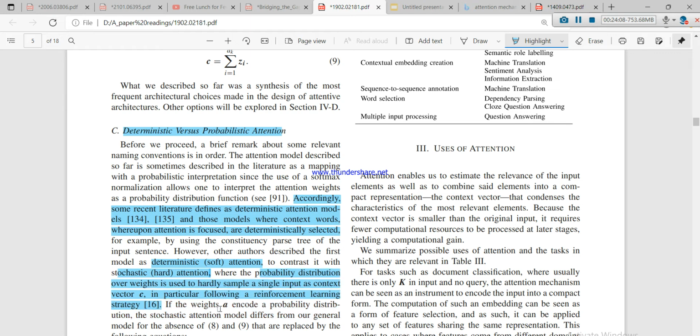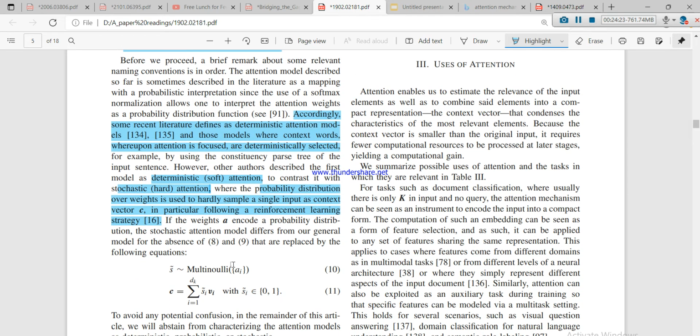So if the weight A encodes a probability distribution, the stochastic attention model differs from the general model in that equations 8 and 9 are replaced by the following equations. So equations 8 and 9 are replaced by these two equations.